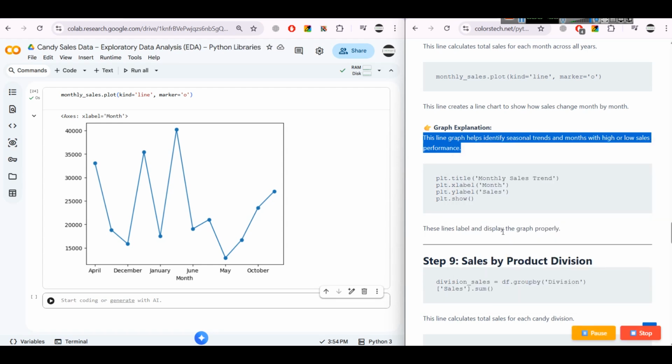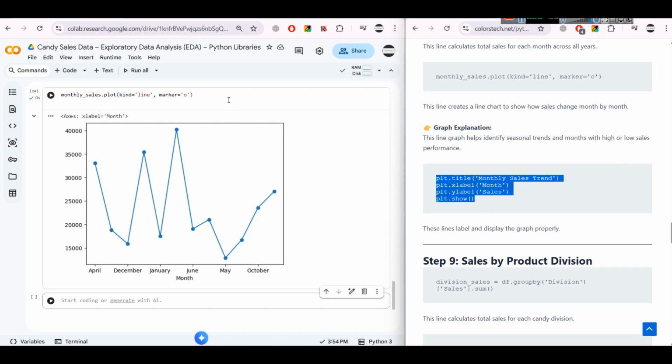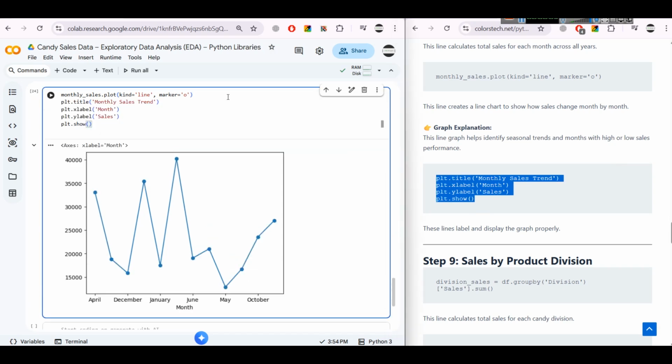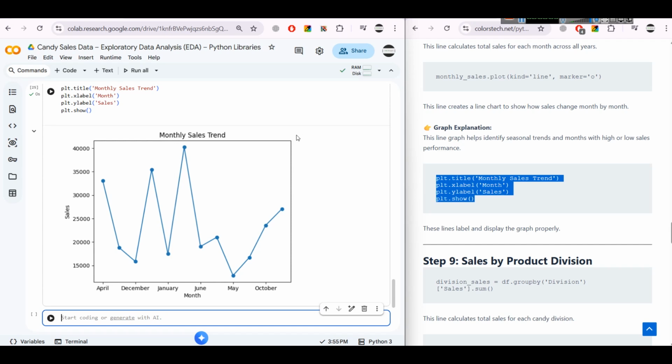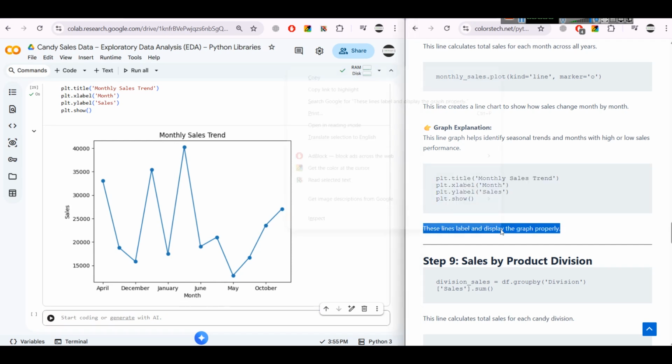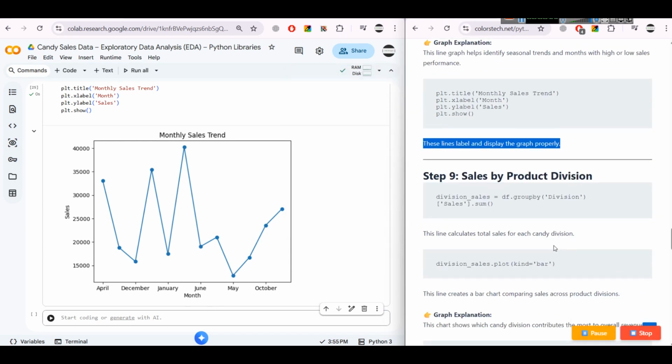This line graph helps identify seasonal trends and months with high or low sales performance. These lines label and display the graph properly.